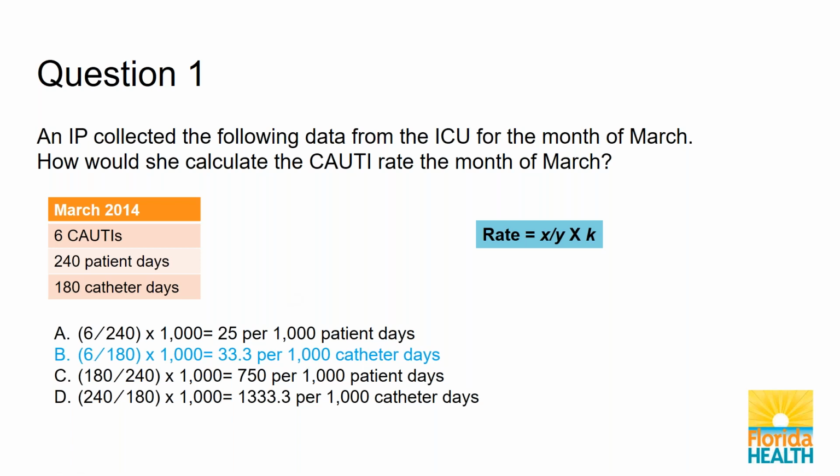What I want you to keep in mind is when you're studying and when you're taking your quiz questions, when it's time for you to take your CIC exam, Luce isn't going to be there to remind you what X or what Y or what K should be. So make sure you're trying your best to not only memorize it, but to really understand how to utilize these formulas so that you're able to apply them to their questions.